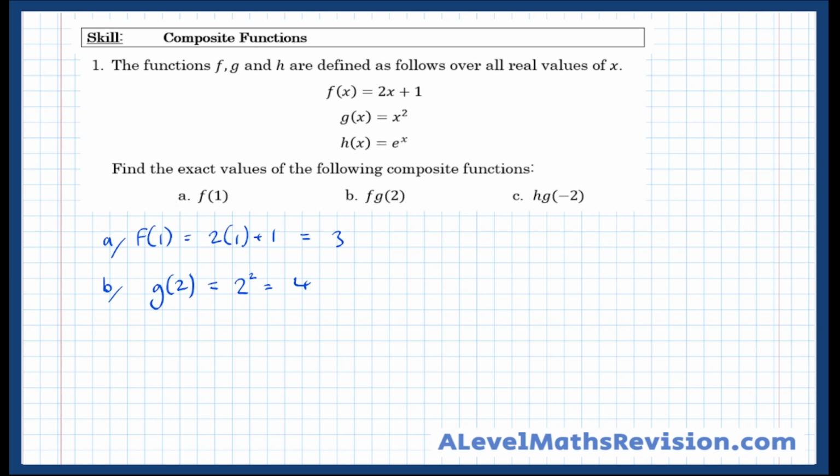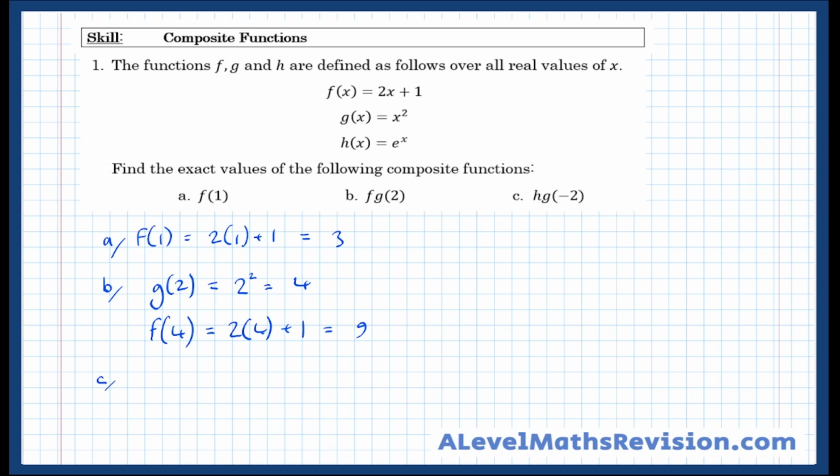And then, once g's turned 2 into 4, then it's f's turn to have a go at the result. So now, f is going to be applied to 4, which is equal to 2 lots of 4 plus 1 equals 9. So fg of 2 is 9.